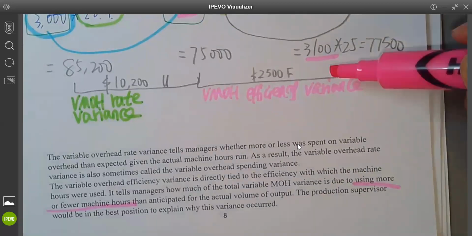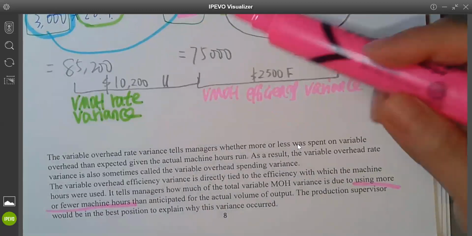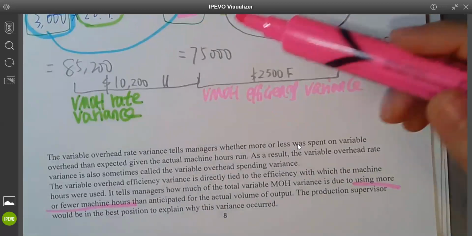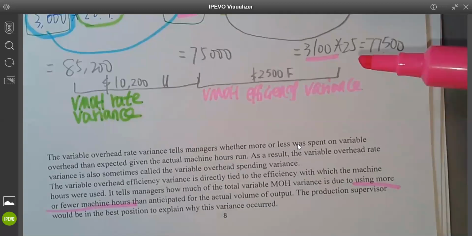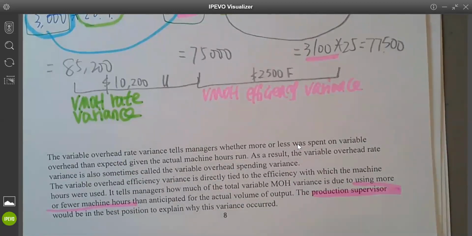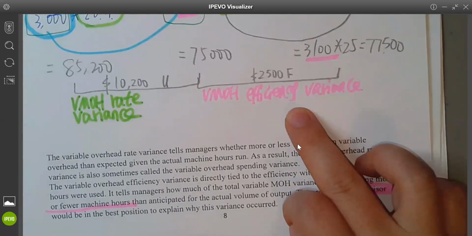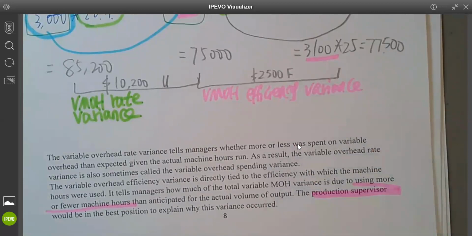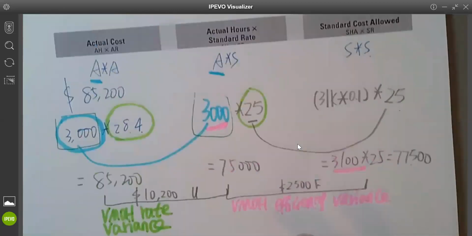We thought we will have 3,100 machine hours, but actually we only used 3,000 machine hours. Who should we go to ask? We should ask the production supervisor, because it's related to the efficiency. When you produce your products, you use fewer machine hours. So we'll ask the supervisor, how did you improve your efficiency?